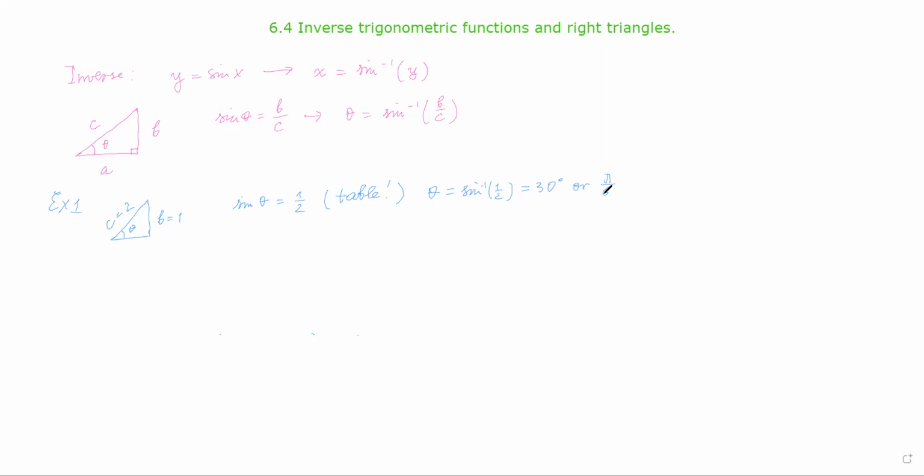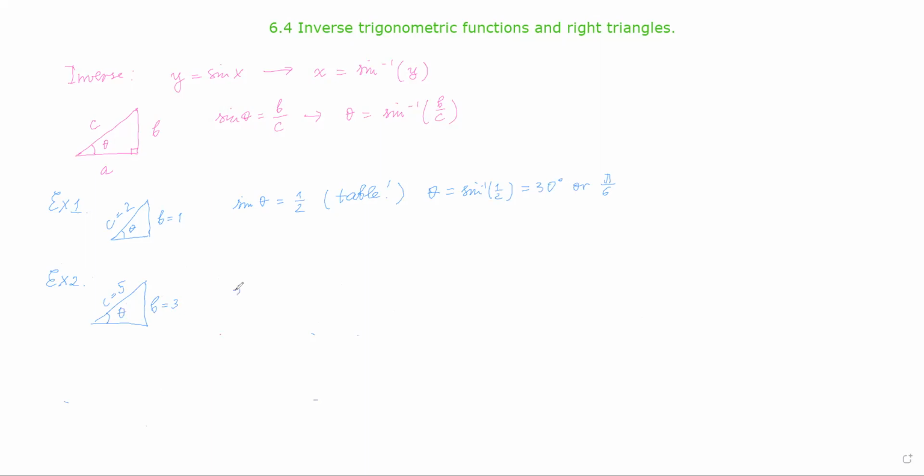What if your number is not in the table? Another example. Let's consider something from not table values. Imagine a different triangle and the sides are 5 and 3. Still we want to know what is angle theta.